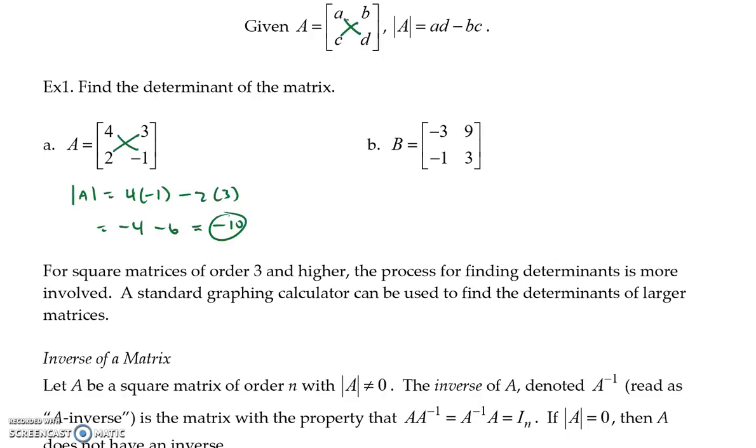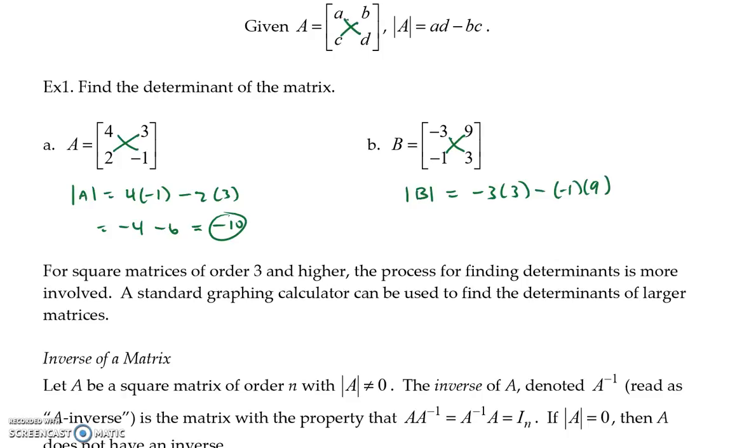Let's look at matrix B. Okay, again, we'll do these two multiplications. So the determinant of B is the product of negative 3 and 3. And then we need to take the product of negative 1 and 9 and then subtract.